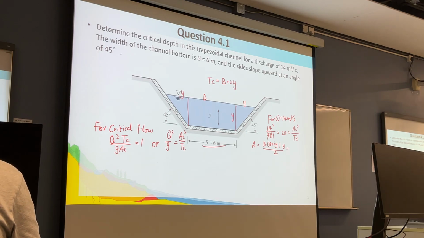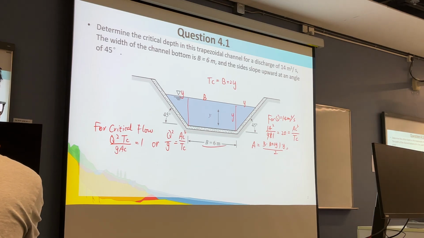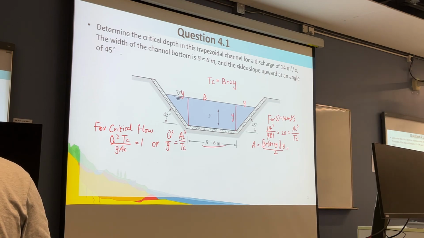So it becomes 2B plus 2y times y over 2 and results in y times B plus y, okay, for the area.